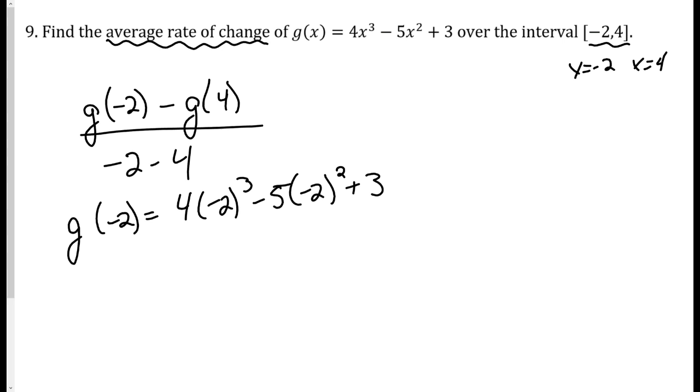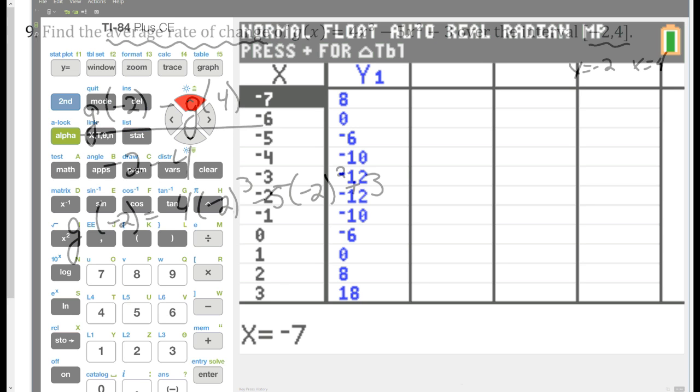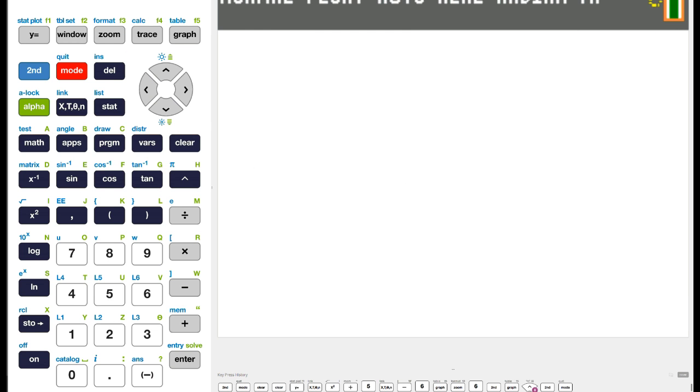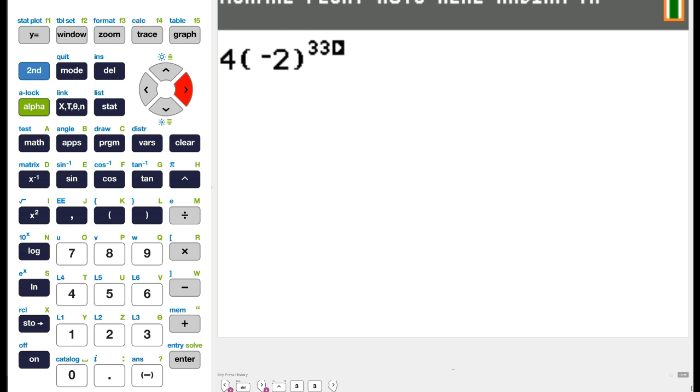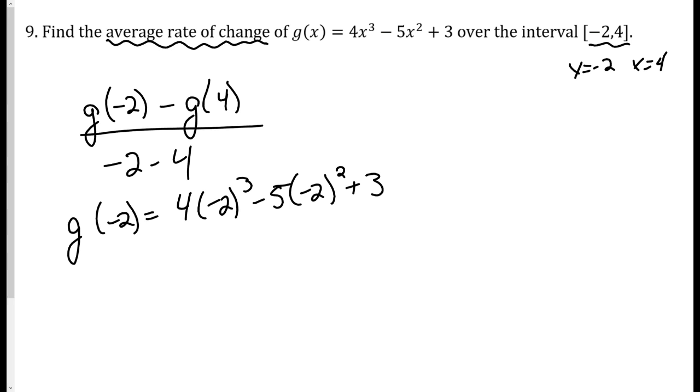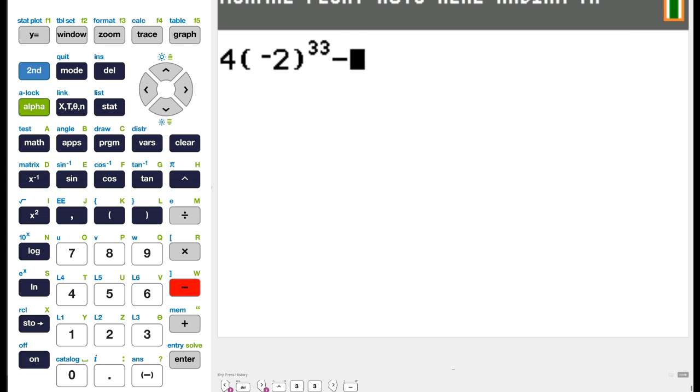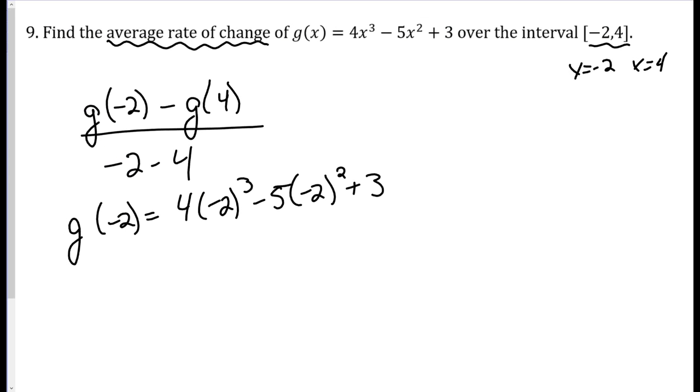I'm going to hop over to the calculator, and I want 4 times negative 2 cubed, minus 5 times negative 2 squared, plus 3.